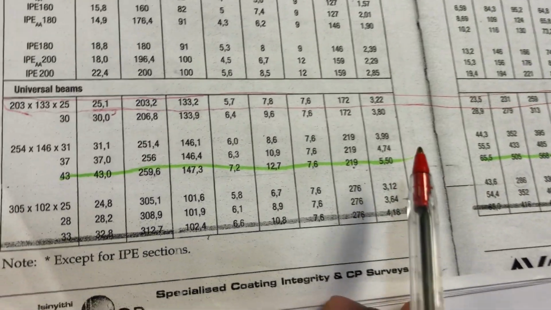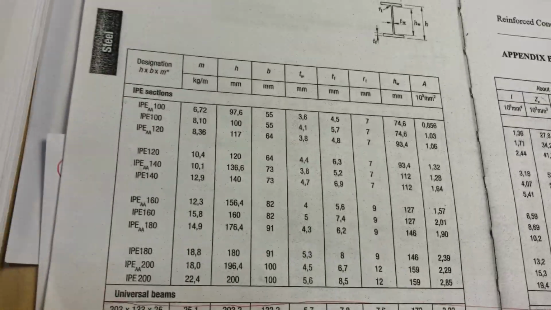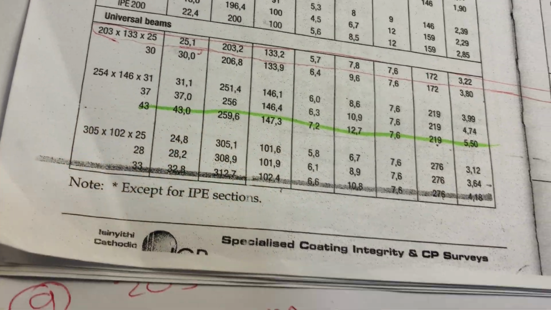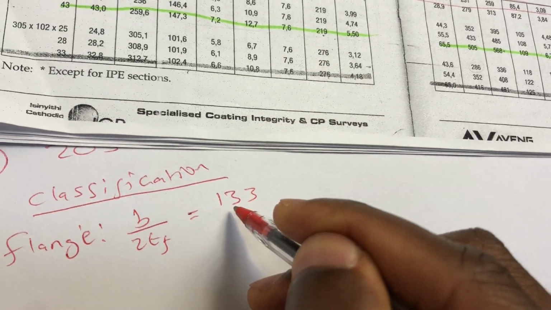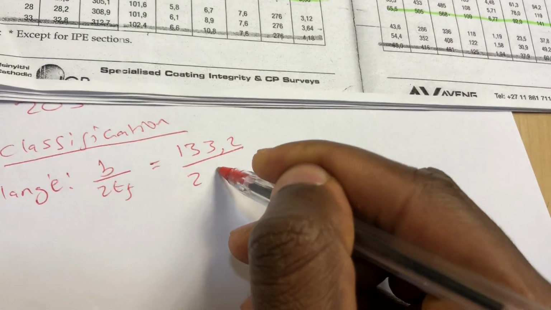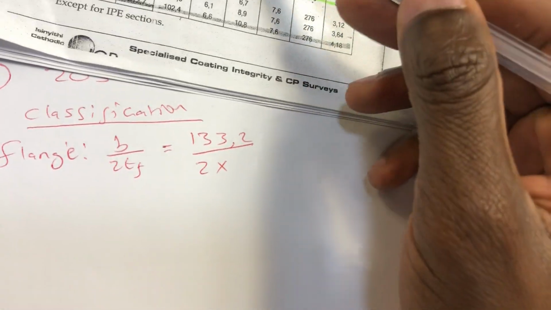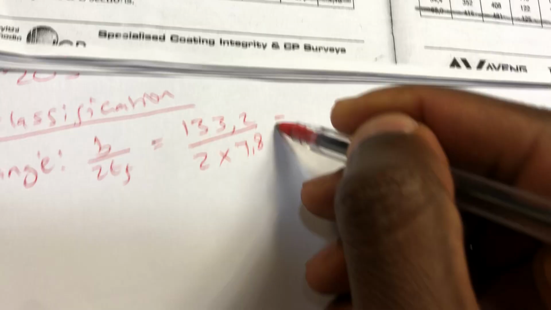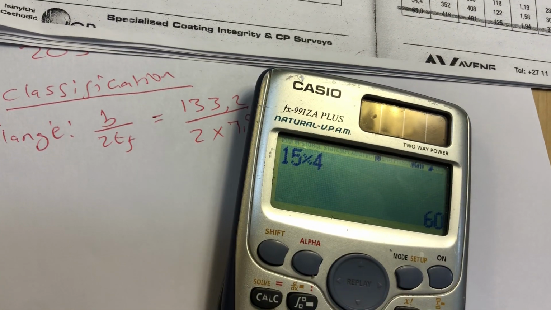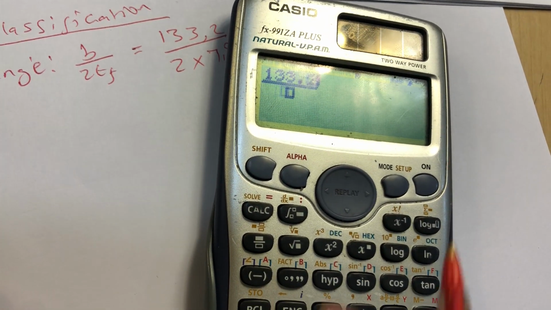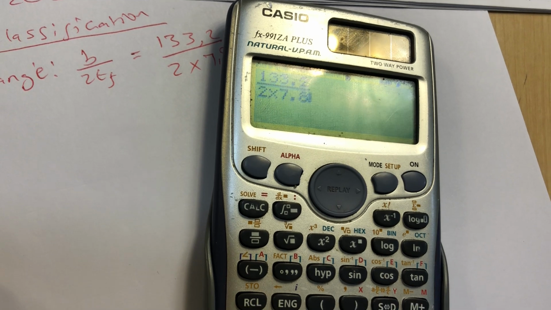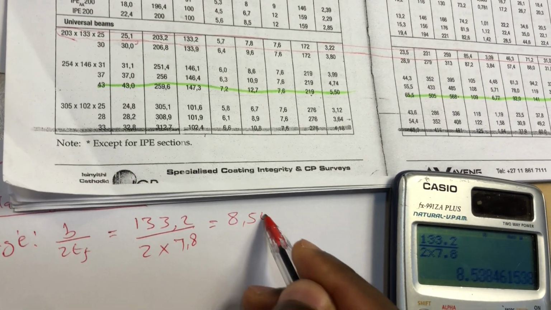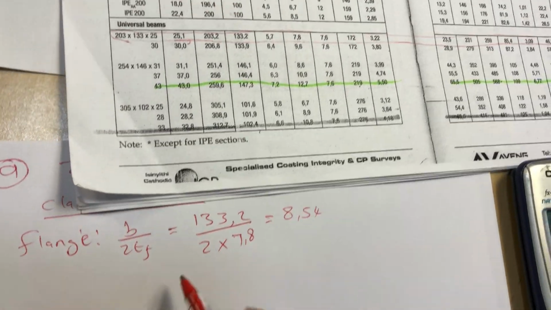My b here is 133.2. So my b is 133.2 divided by 2 times my tf, the thickness of the flange, which is 7.8, which gives me 133.2 over 15.6, which gives me 8.54.